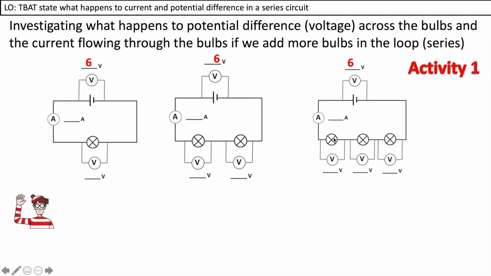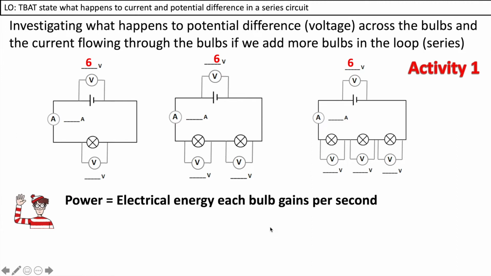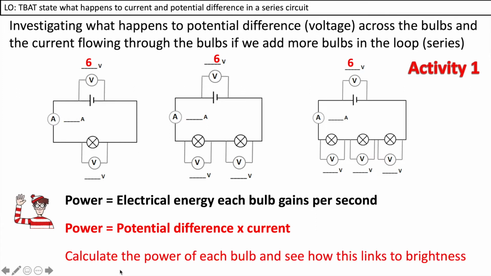And then finally, we're going to connect 3 bulbs together in series and measure the voltage across each and the current. And for a Wally task, power is the electrical energy a bulb gains per second. So power equals potential difference times current. So after each measurement, you could pause the video and calculate the power and compare it to the brightness of the bulbs.